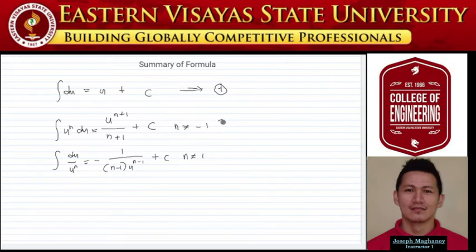So this is our second formula, which we call our power formula. For our third formula, the integral of du over u is equal to ln absolute value of u plus c. So this is our third formula, LF, or logarithmic function of integration.